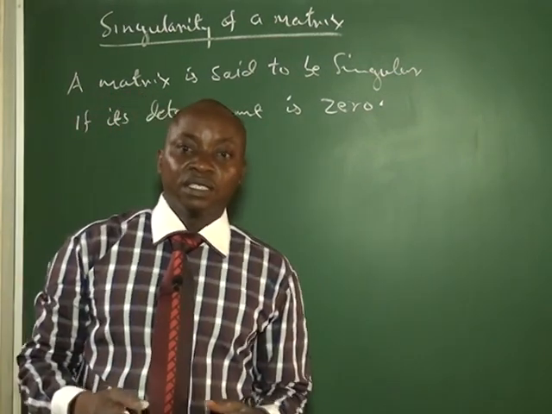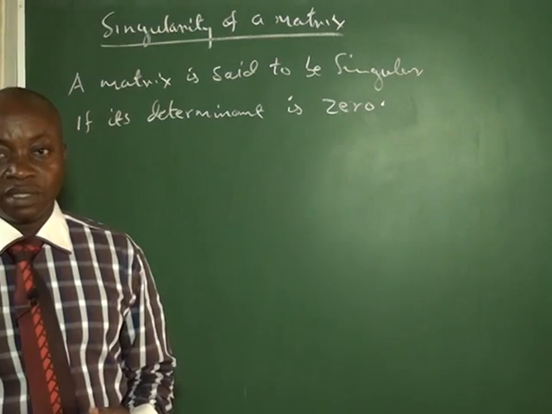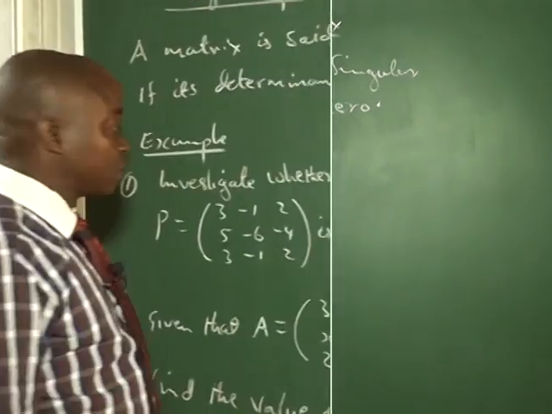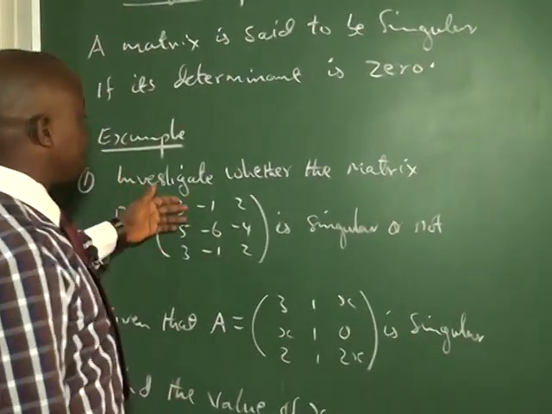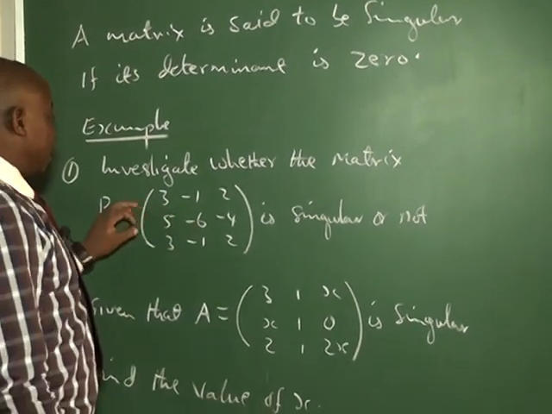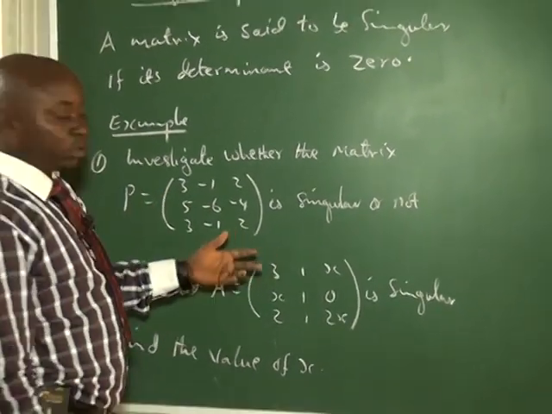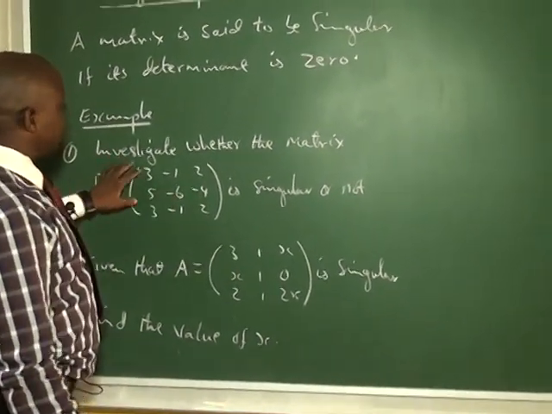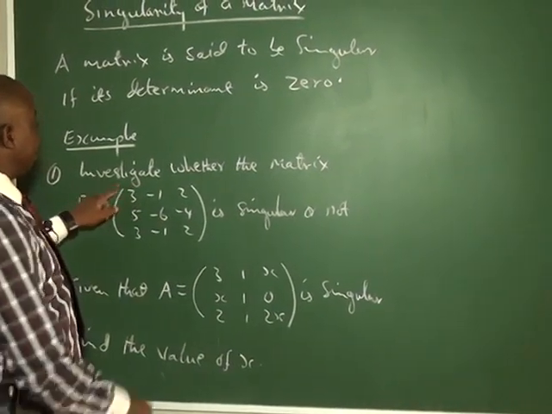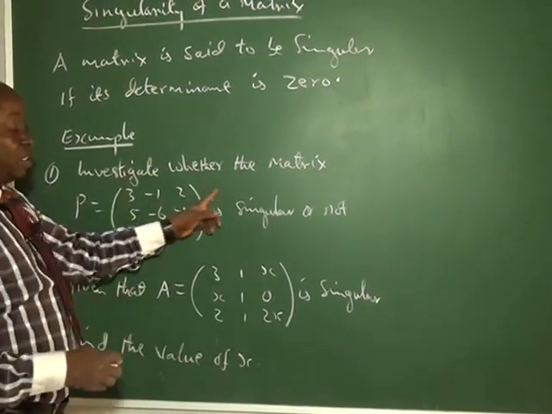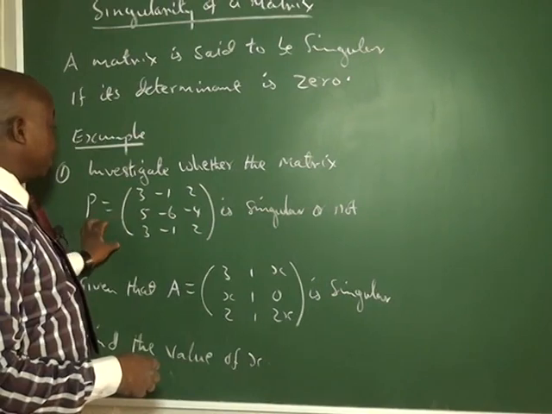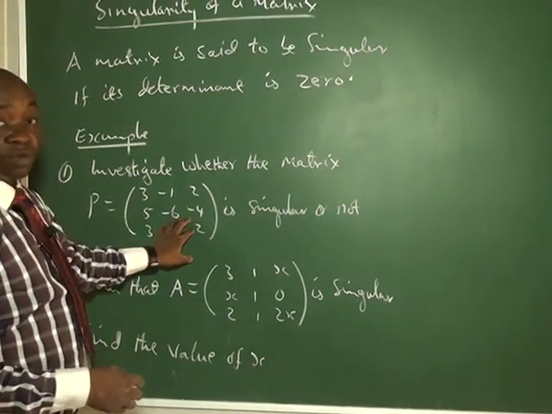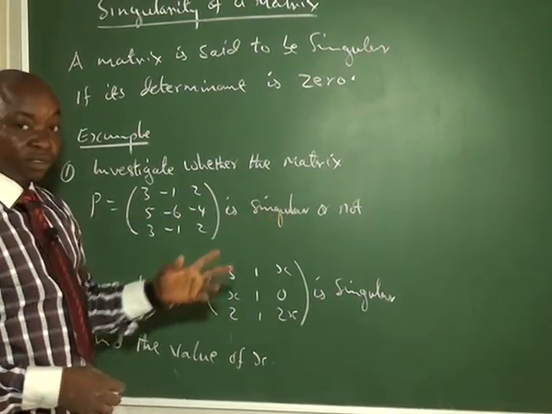Now let us take an example to see. We are going to take two examples. One says investigate whether the matrix P equal this is singular or not.